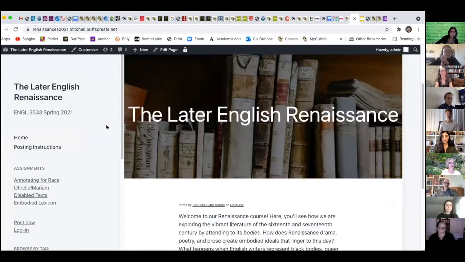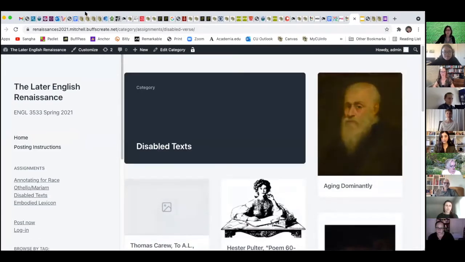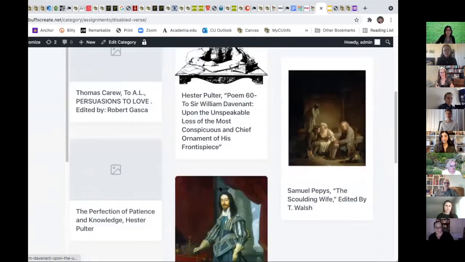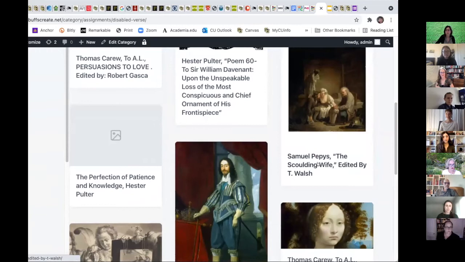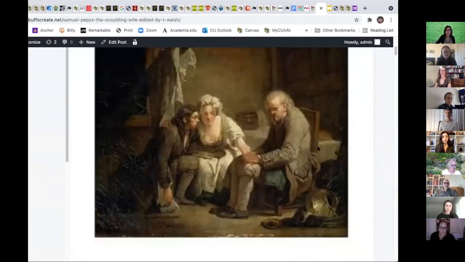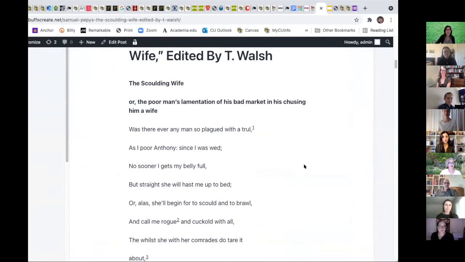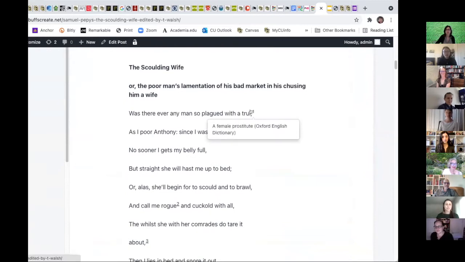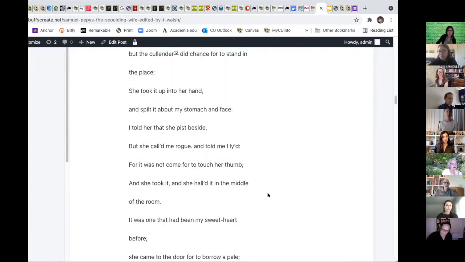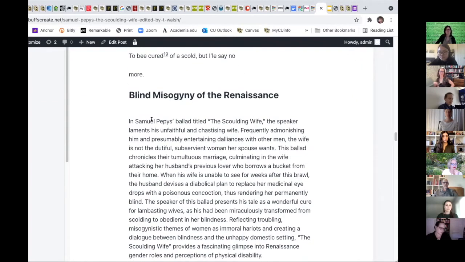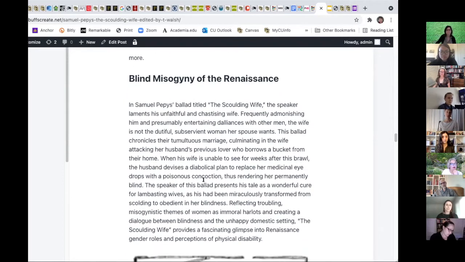They did all their assignments on a WordPress site, and their last assignment, Disabled Texts, asked them to curate and edit something from our course and put them into conversation. So I'll just quickly show you. English Broadside Ballad Archive, shout out here. A student who thought this was by Pepys, but that's okay, edited a ballad using the Easy Footnotes plugin, and did a great job curating this ballad by talking about the collision of blindness and misogyny that shows up in Renaissance texts.